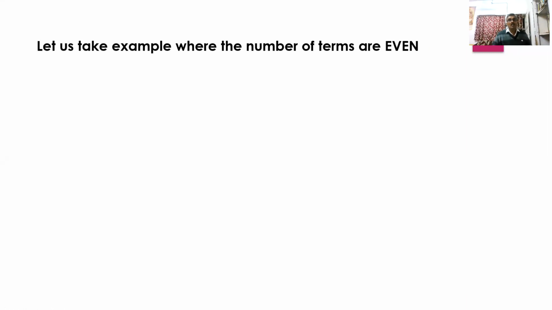Now let us take another example where the number of terms are even. Let the observations be 18, 7, 32, 3, 19, 10, 4, 22, 6, and 5.